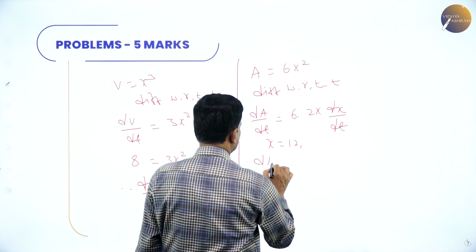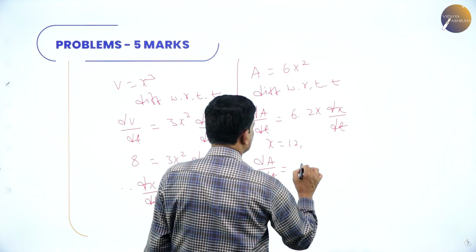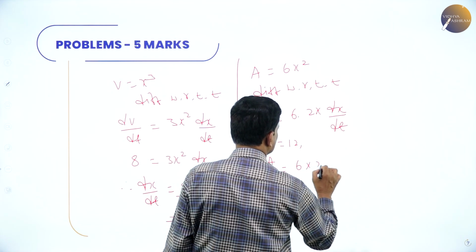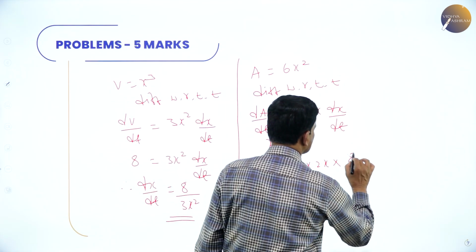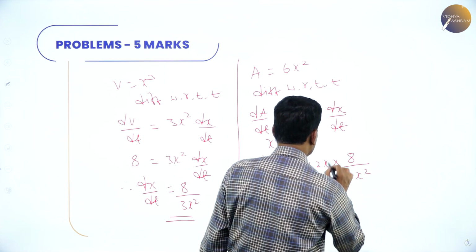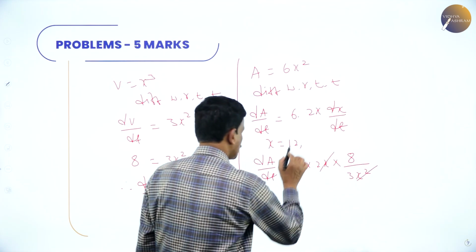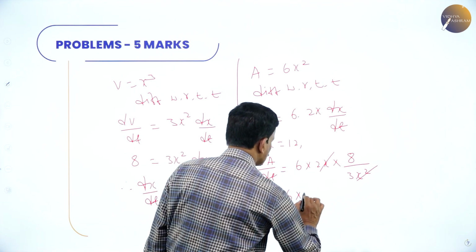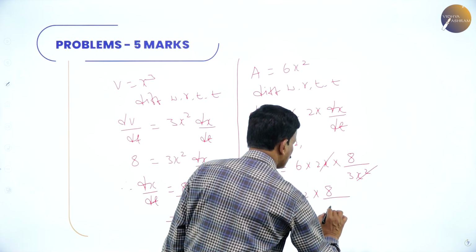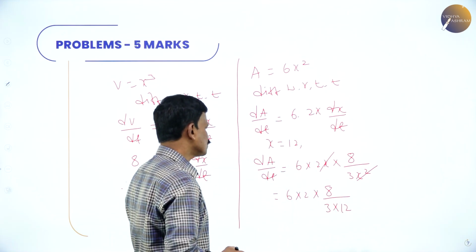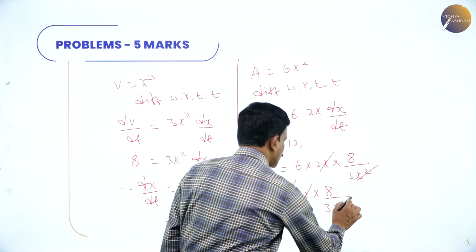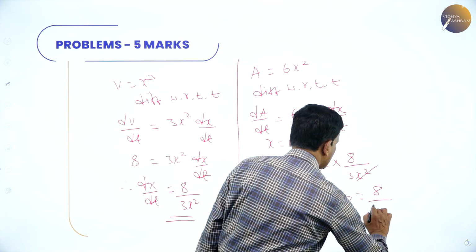So, dA by dt is equal to 6 into 2x into, what is dx by dt? 8 by 3x square. Now, x and x get cancelled. Put x is equal to 12. This is 6 into 2 into 8 divided by 3 into 12. So, what is this equal to? 6 2s are 12, 12 gets cancelled, 8 by 3.